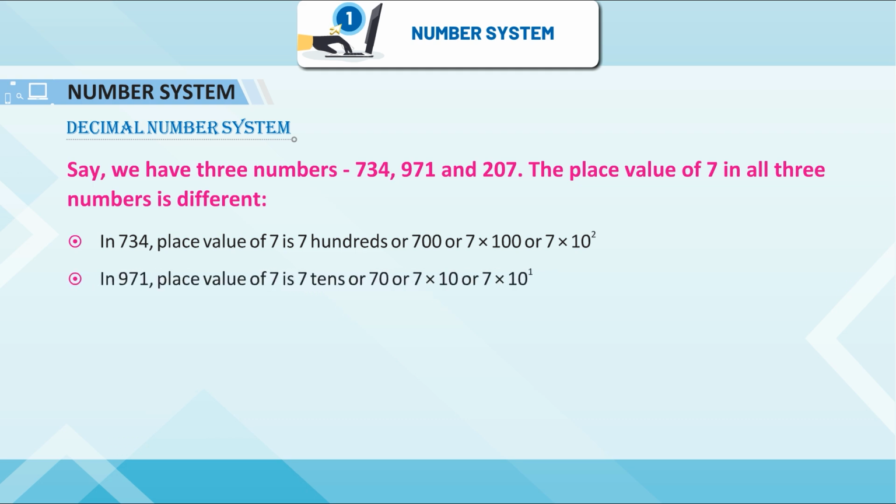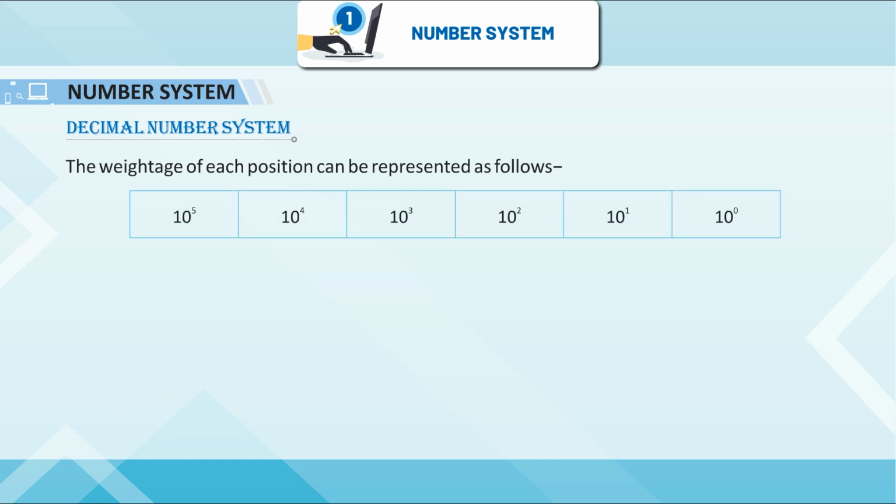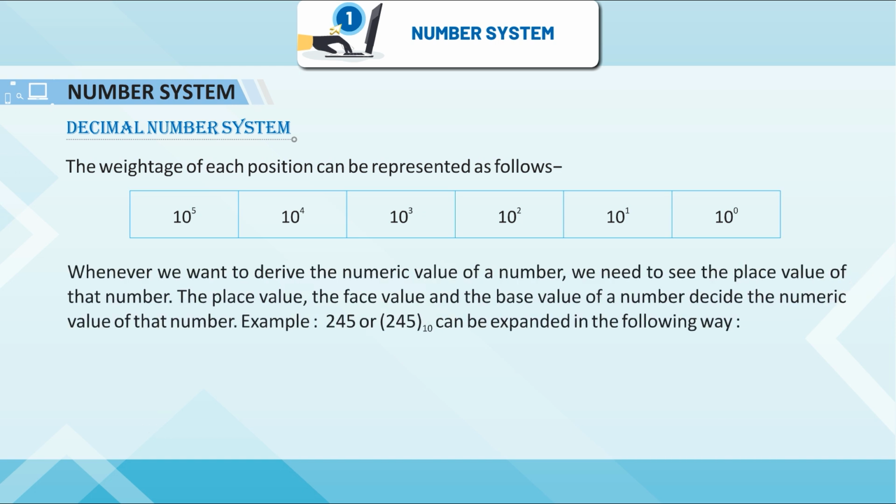In 971, place value of 7 is 7 tens or 70 or 7 multiplied by 10. In 207, place value of 7 is 7 units or 7 or 7 multiplied by 1 or 7 multiplied by 10 to the power 0. The weightage of each position can be represented as follows.